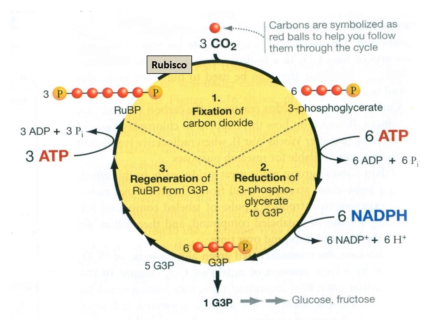In the second phase of reduction, NADPH becomes NADP plus hydrogen to produce glyceraldehyde 3-phosphate. And the third phase of regeneration is to regenerate ribulose biphosphate from glyceraldehyde 3-phosphate.